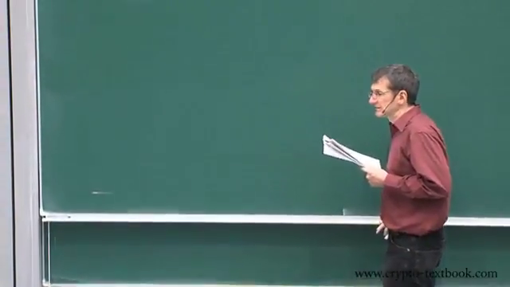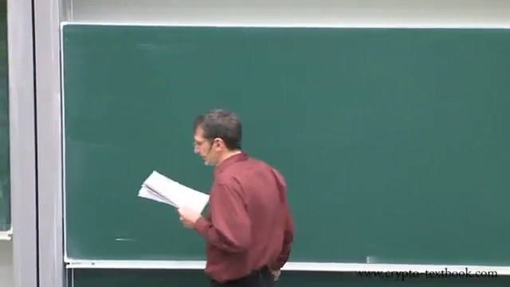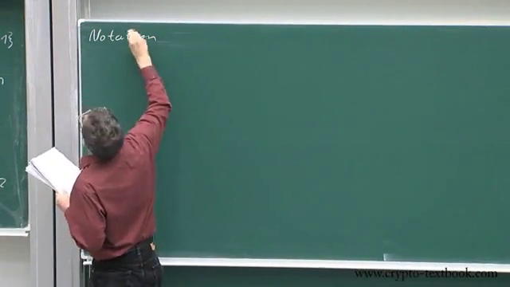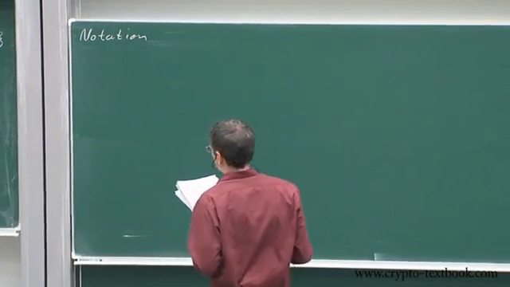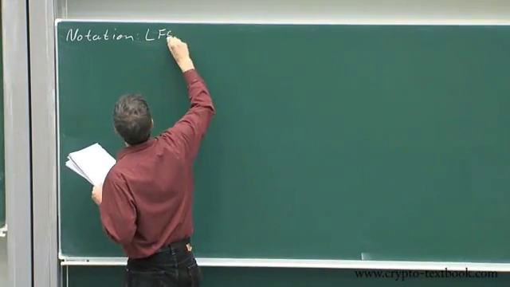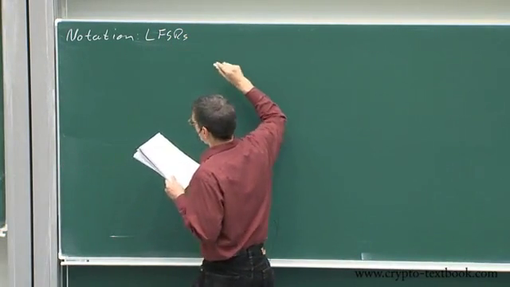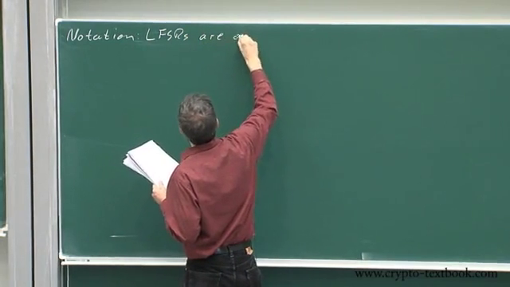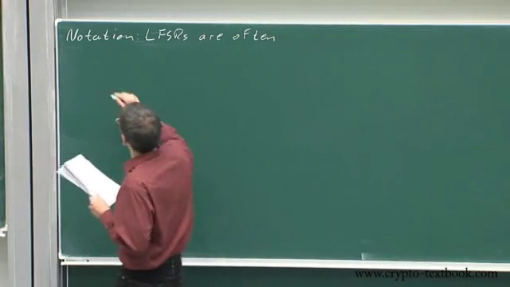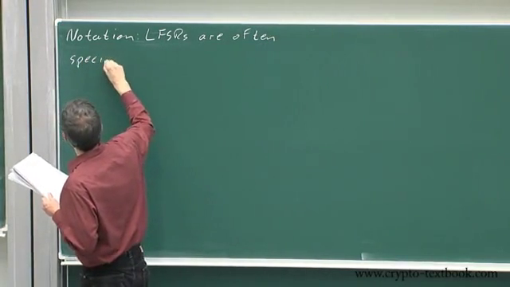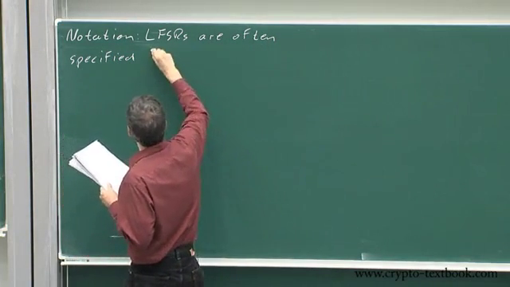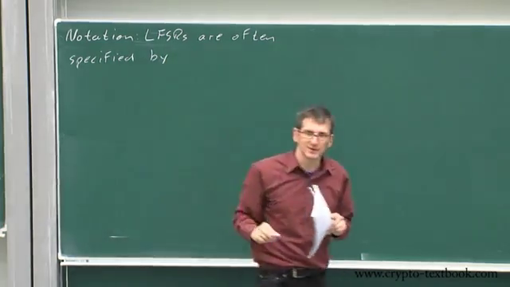So, now comes a kind of a weird thing, namely a notation. LFSRs are often specified by what? So what do I mean by specified?